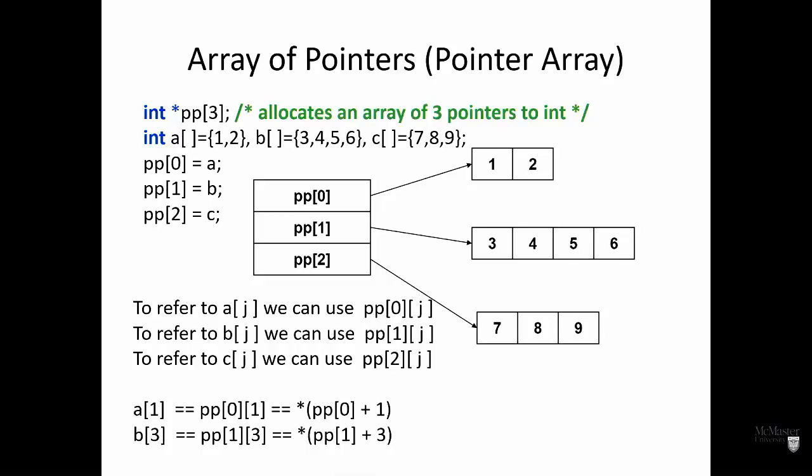Okay, so let's take it step by step. A[1] is 2, right? BB[0] is this one, which is an address now. By doing BB[0] equal A, it is going to be the address of the first element of A. Replace this in your mind with a pointer to the first element of the array. We said in the last lecture, you can use a pointer to an array using indices, right?